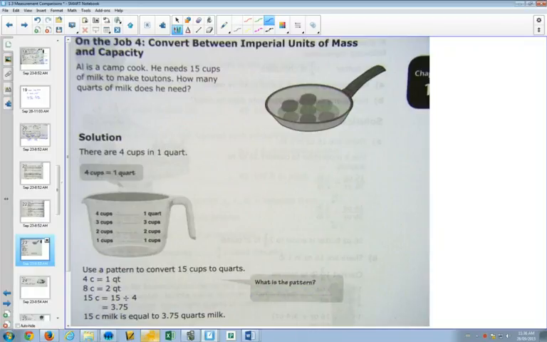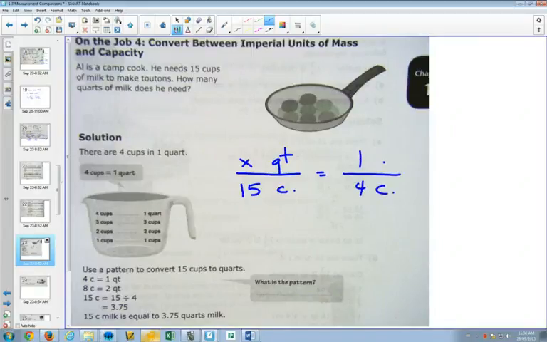So again, we go to our formula sheet and see if we can change between cups and quarts. We want to find out how many quarts he needs, and we know we have 15 cups. Our formula sheet says that there are 4 cups in 1 quart.